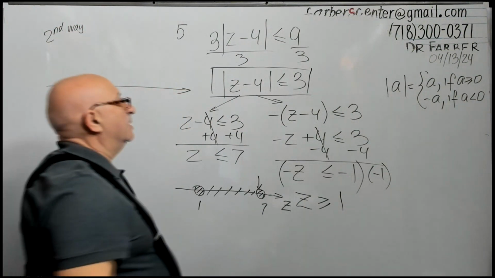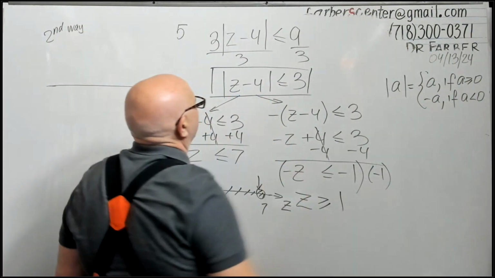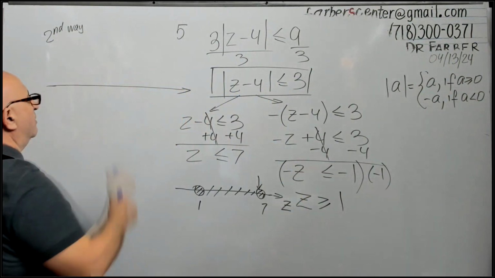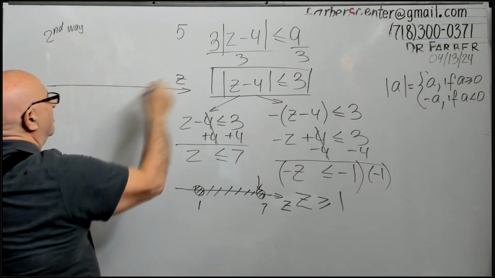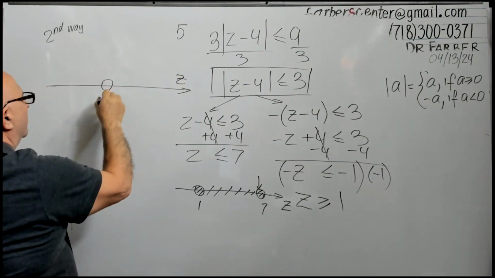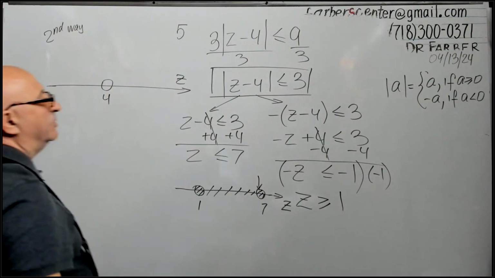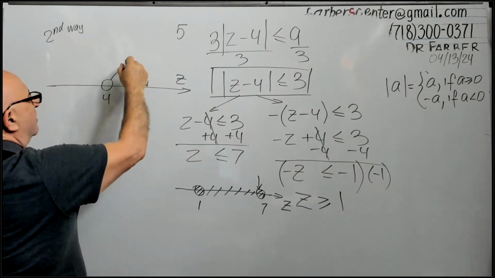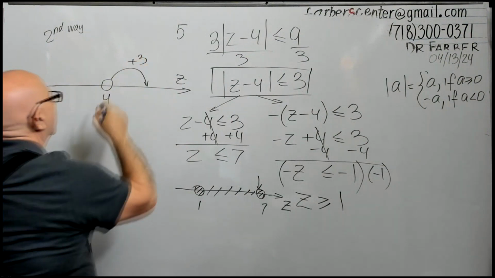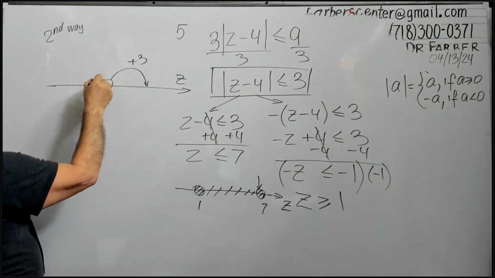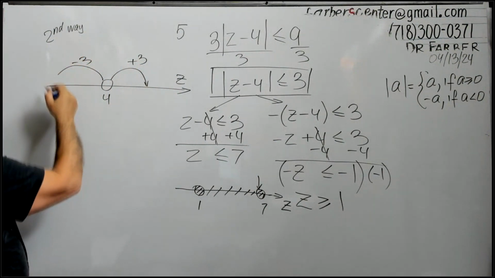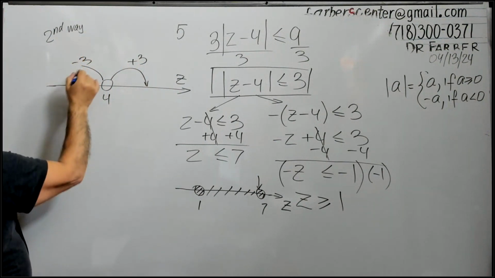In which case is this absolute value equal to 0? z minus 4 equals 0 when z equals 4. Less or equal to 3 means here plus 3 and there minus 3. This interval is supposed to be symmetrical.